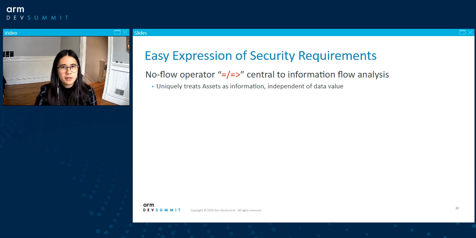And so at the heart of any information flow analysis solution, including the Radix family of solutions that Tortuga Logic provides, is this no-flow operator, which enables you to uniquely treat assets as information independent of data value.